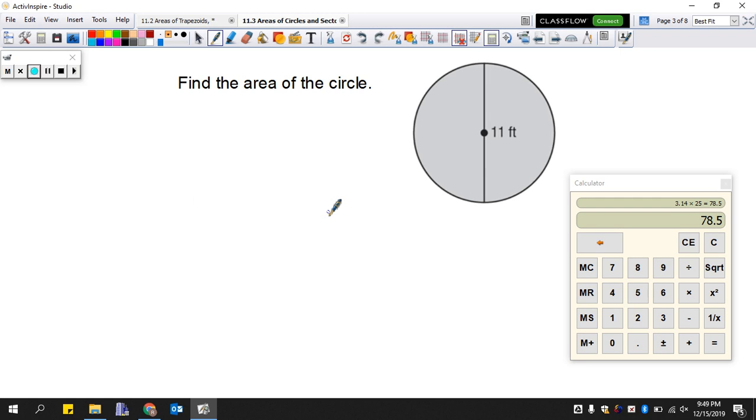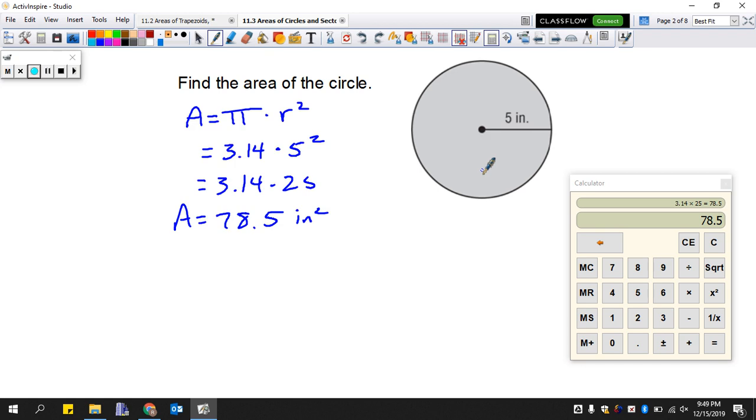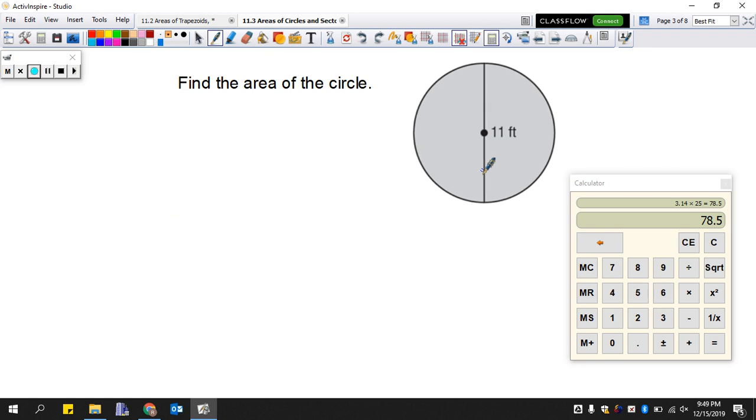Find the area of this circle. The difference between this previous circle and this circle is that here we're given the diameter, which is the line all the way across. We know that the radius is half of the diameter, so it's half of 11. 11 divided by 2 is 5.5, so the radius is 5.5.